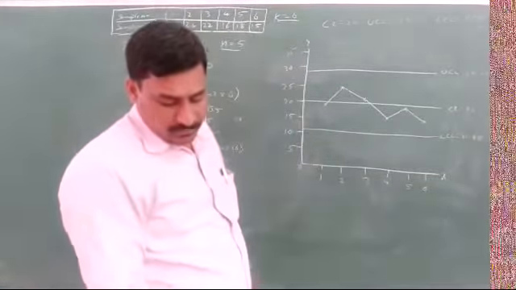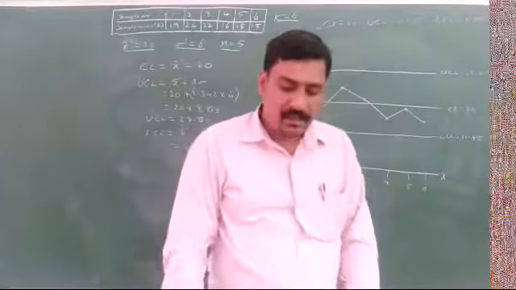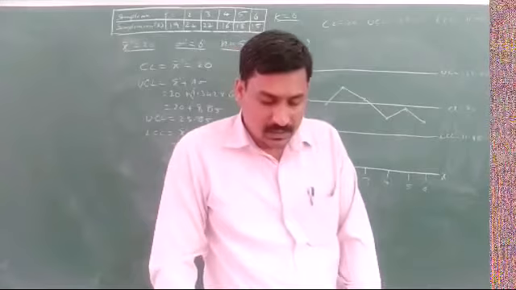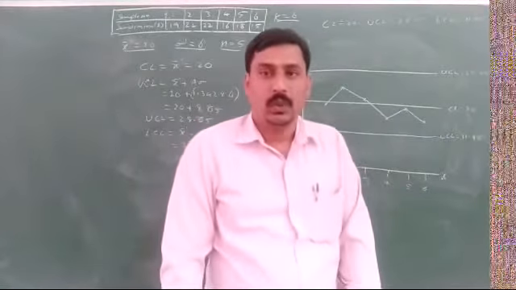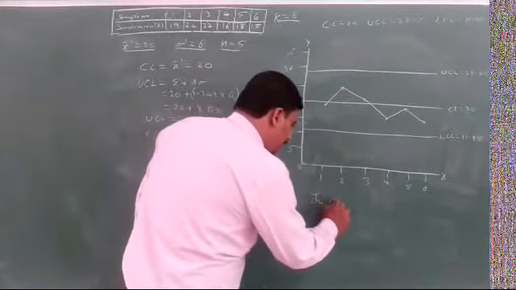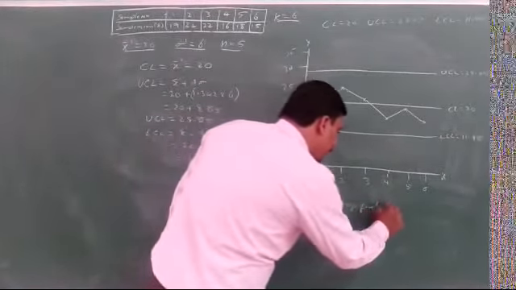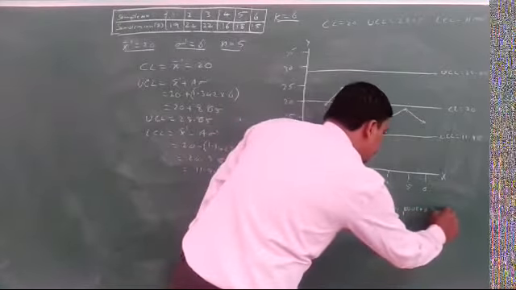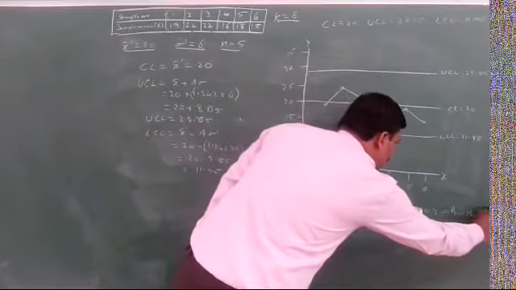So for this problem, the conclusion is, since all the sample means lie within the control limits, therefore the average production process is within the control.